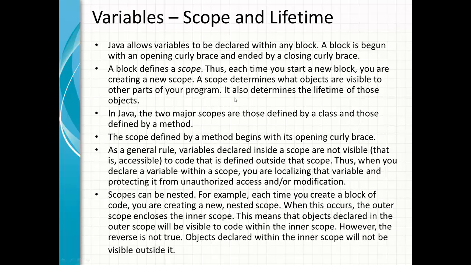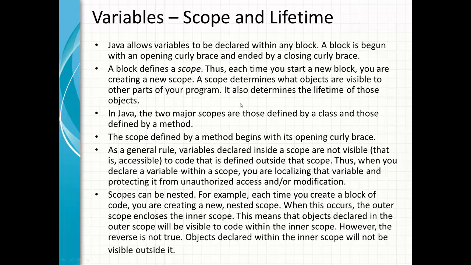Thus, each time you start a new block, you are creating a new scope. So every time we start a new block, we have a new scope for the variables which we define in that block. We will do one practical and then it will be crystal clear what that means.